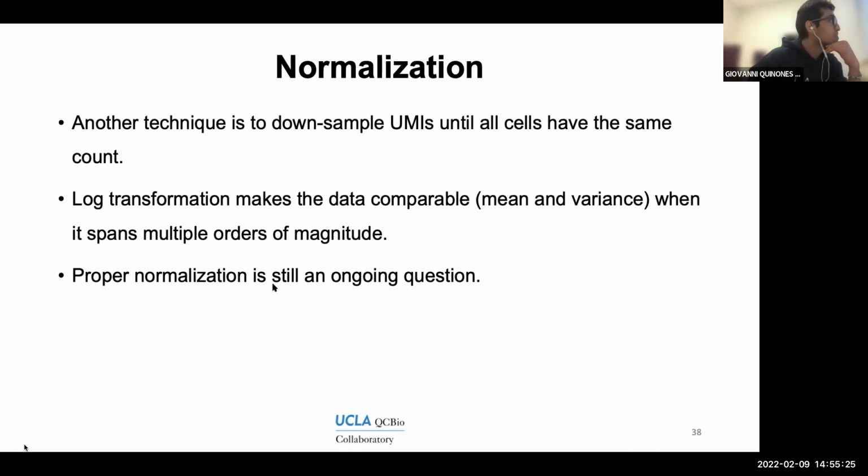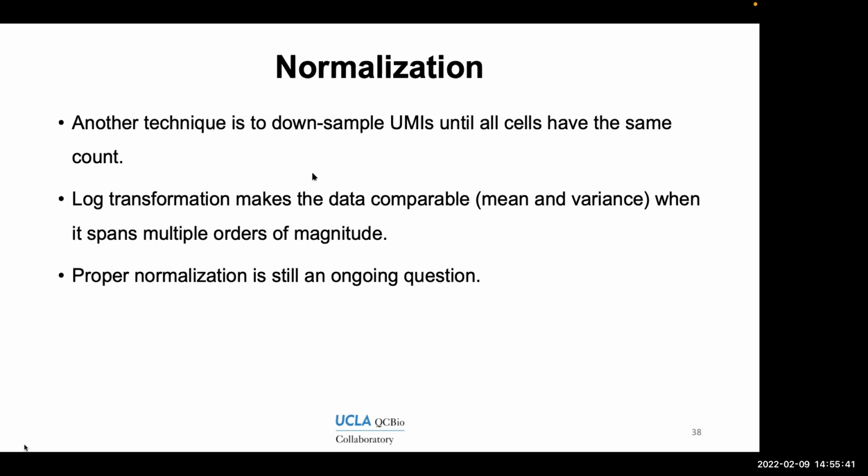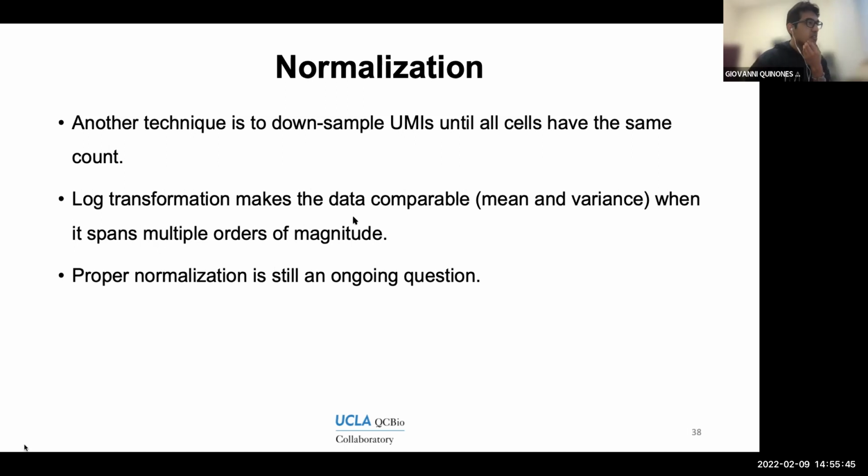Yeah, that's a good question. And that actually falls into data integration. And that's actually planned for the third day of this workshop. So tomorrow we're going to be touching on that. Yeah, those are great questions. Thanks.